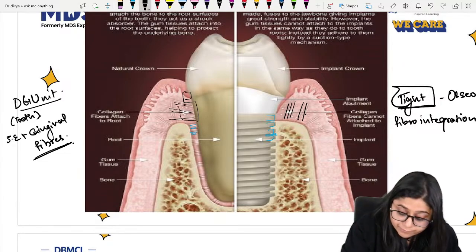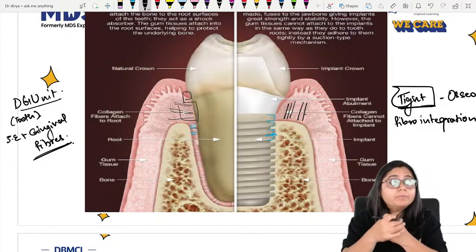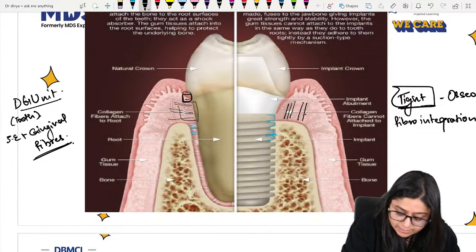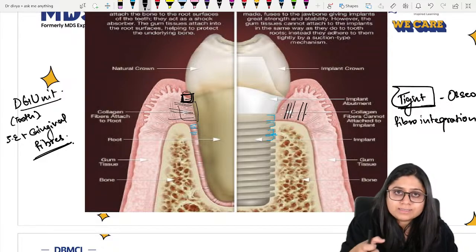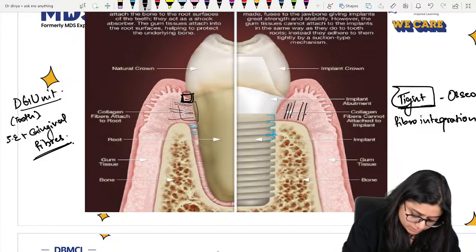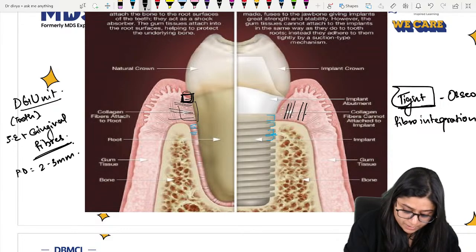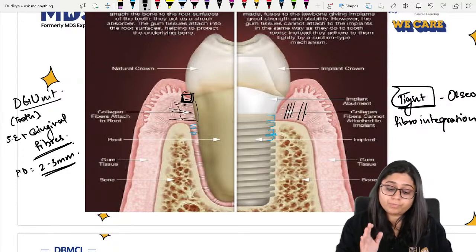Thus, the probing depth. As the gingiva is anchored to the tooth firmly at the junctional epithelium, here the connection is tight, right? So the probing depth in a tooth is 2 to 3 mm, normal probing depth. I am talking about normal probing depth.